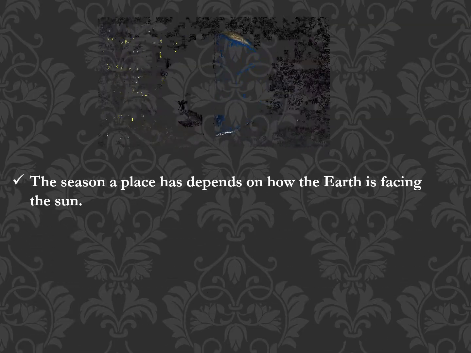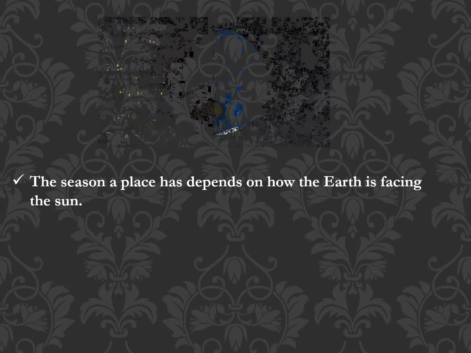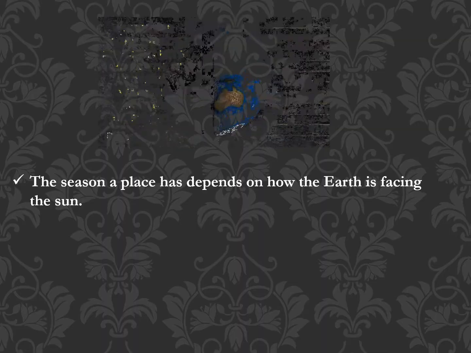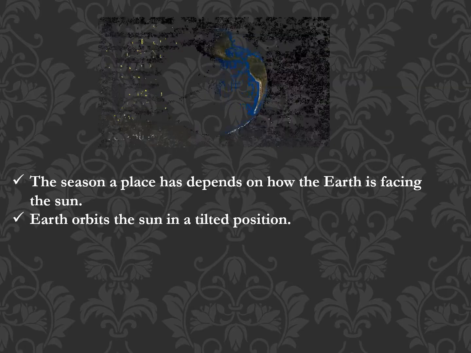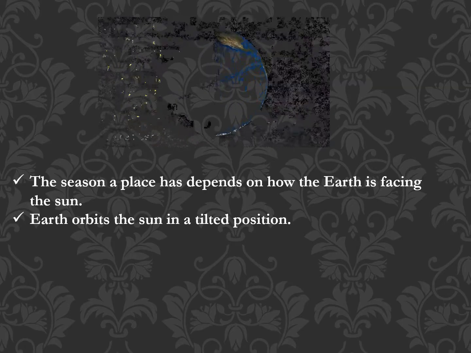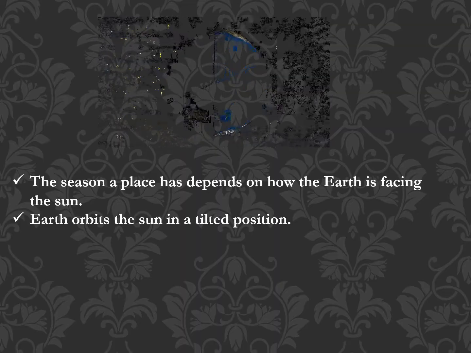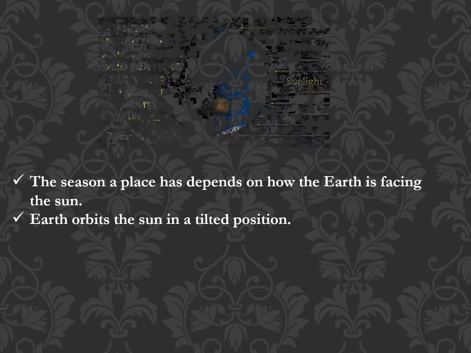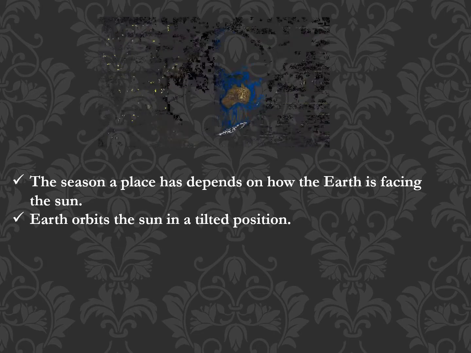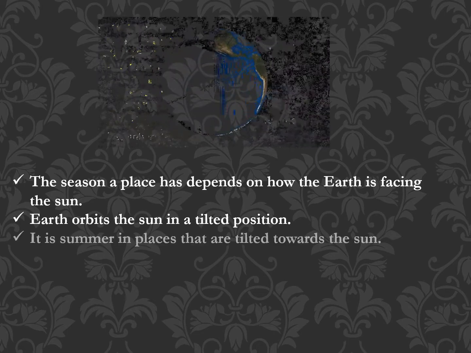Have a look at this image. The season a place has depends on how the earth is facing the sun. As you can see, the earth is rotating in its axis. The earth orbits the sun in a tilted position.